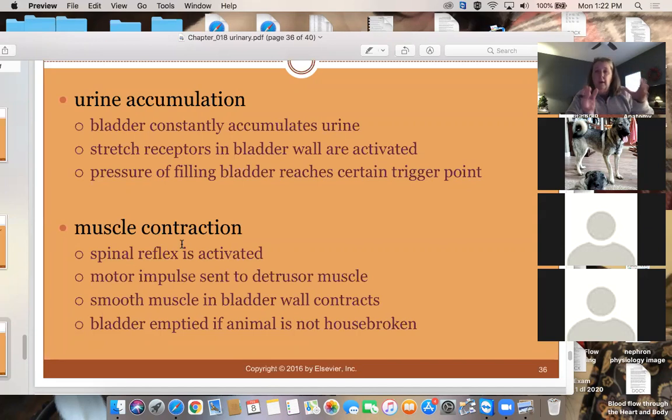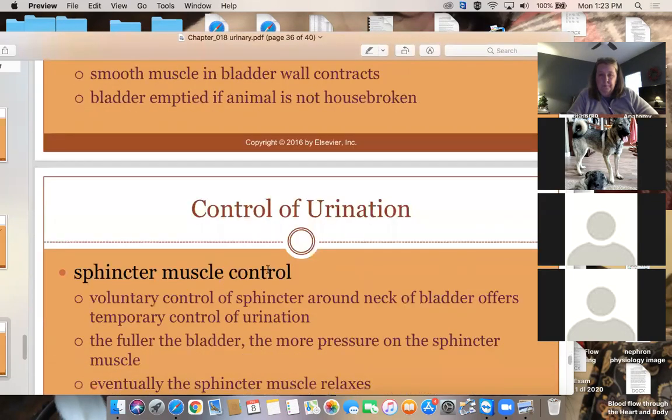So again, anytime there's a back injury, we monitor bladder size, because a lot of times these dogs come in with very, very large bladders, and they're not trying to do anything about it. And we have to help them because we don't want a bladder to rupture.